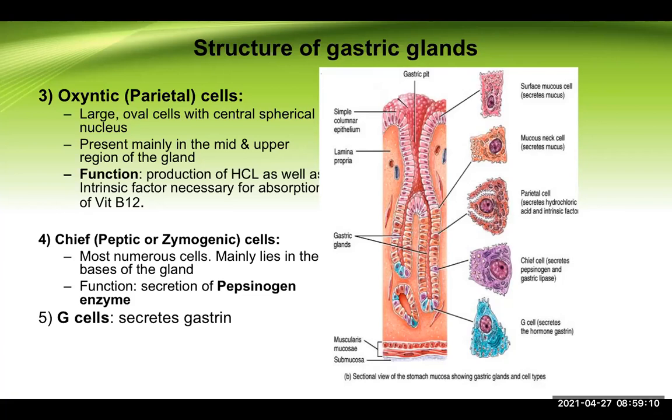Apart from them, the stomach acts like a storage organ for food. Whatever food we eat, it collects there. Food stays there for a few hours, and during that time there is mixing of the food going on. It really helps in the digestion of the food. The larger food particles will be converted into smaller ones, and it really helps in digestion.